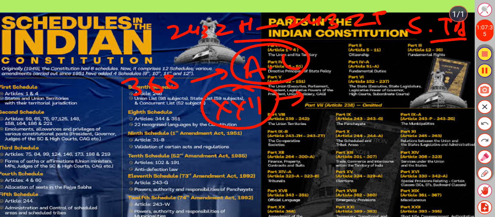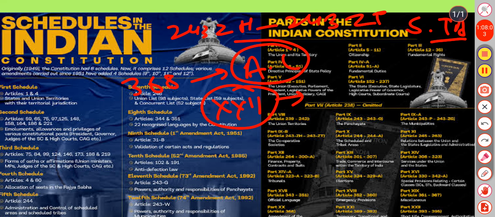Sixth schedule, that is administration of tribal areas of northeastern states. Now seventh schedule, distribution of power between union and state governments, that is union list, state list and concurrent list, right? And eighth schedule, descriptions of 22 languages recognized by the constitution.